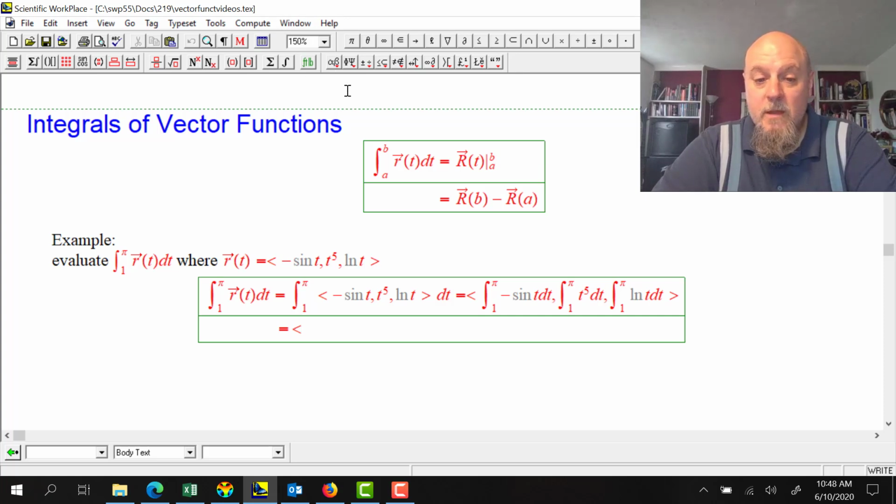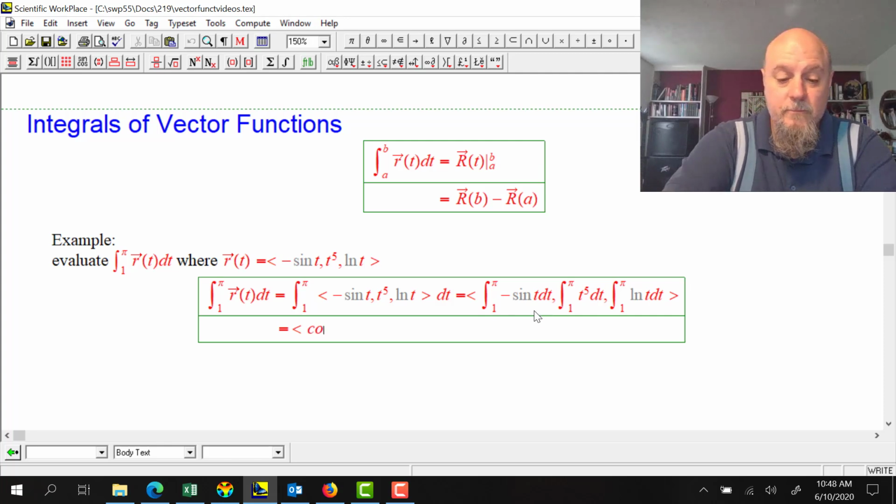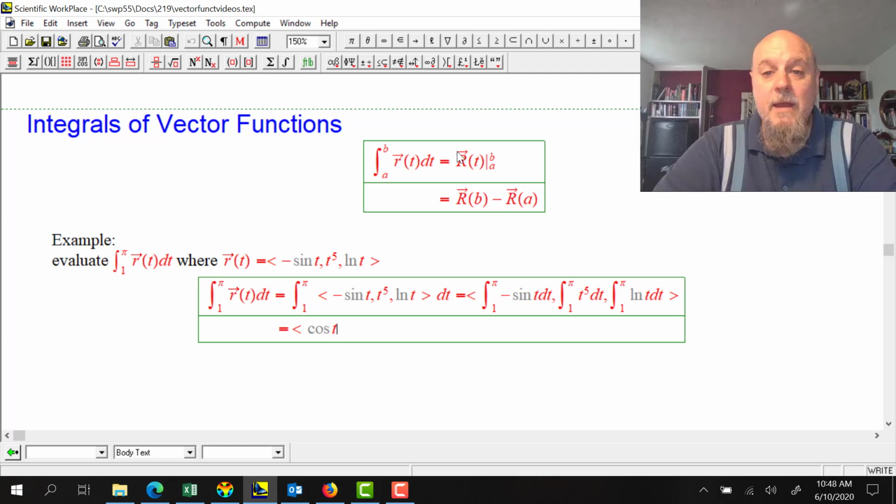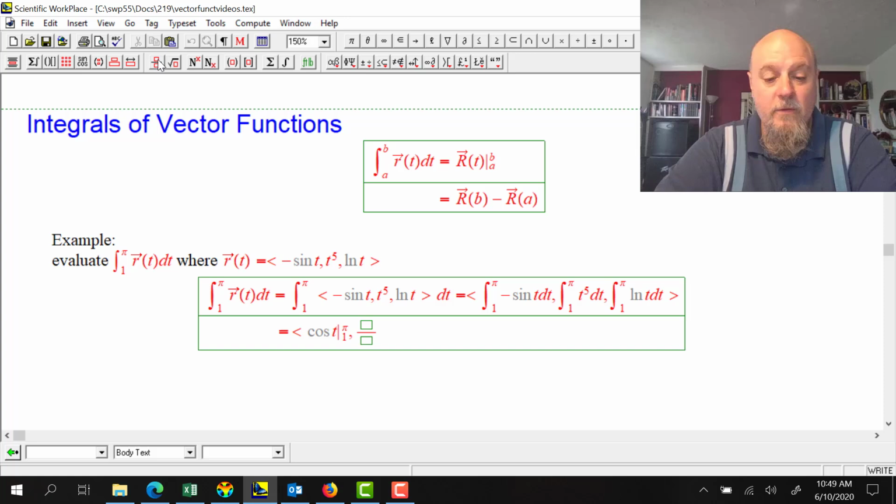If I integrate minus sine, I get cosine. And then it's going to be sub in the top minus sub in the bottom, from 1 to pi. Integrating t to the fifth, that's going to be add 1 to the exponent, divide by what's up top.